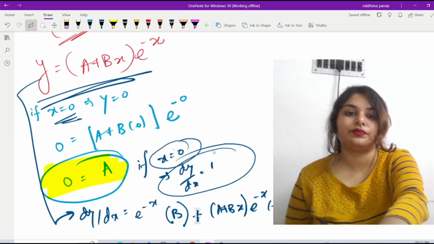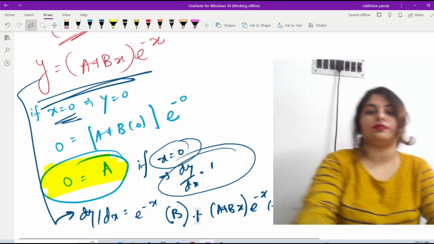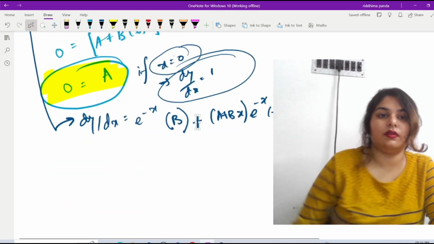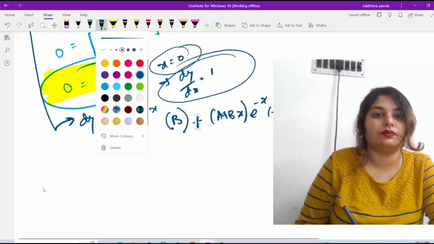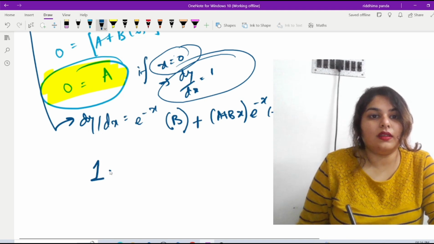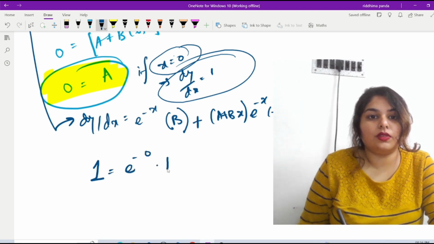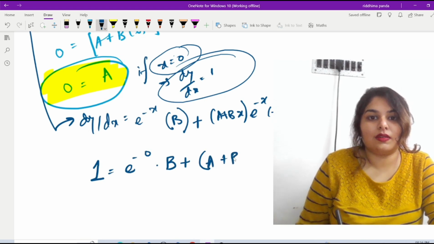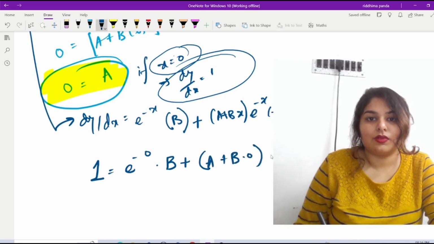So 1 is equal to e to the power minus 0 into b, plus (a plus b into 0) e to the power minus 0 into minus 1.